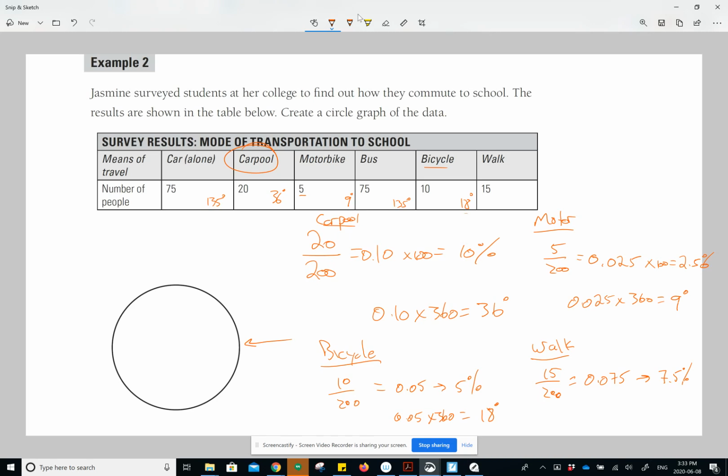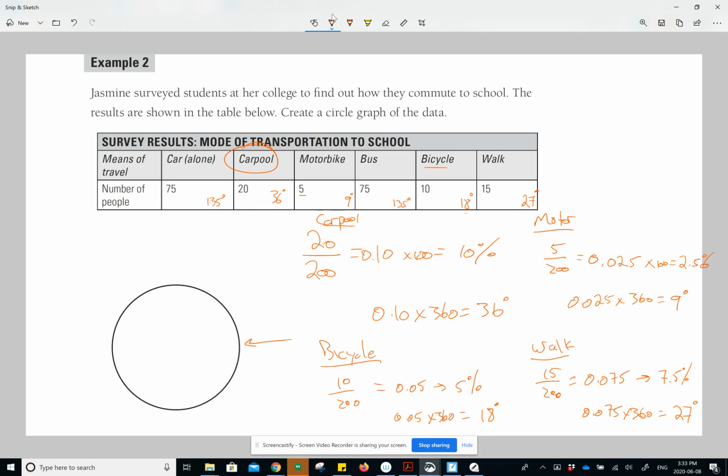If I multiply 0.075 by 360, then I get 27 degrees.